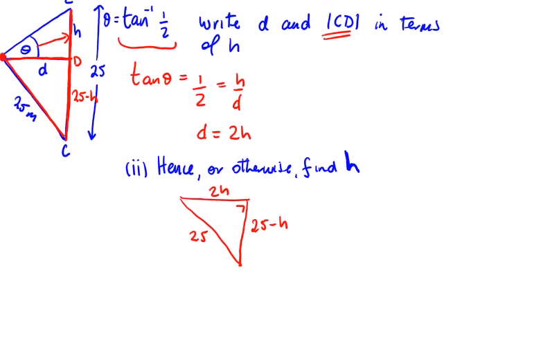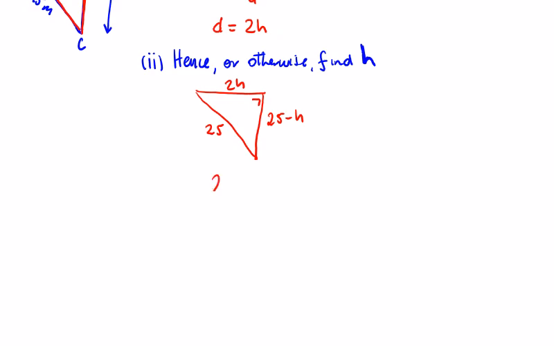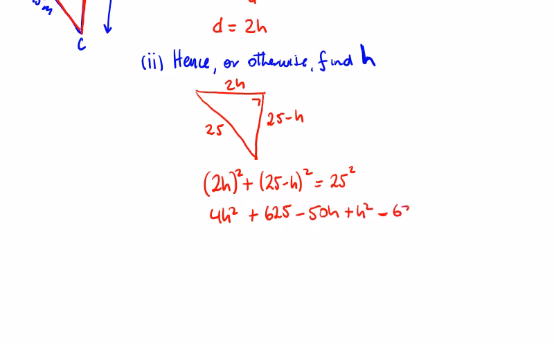So the first way to approach this question is just using Pythagoras. 2h squared plus 25 minus h squared is equal to 25 squared. Those 25 squares are going to cancel. So we're going to get 4h squared plus 625 minus 25h twice plus h squared equals 625.